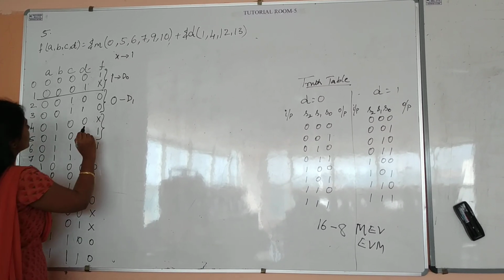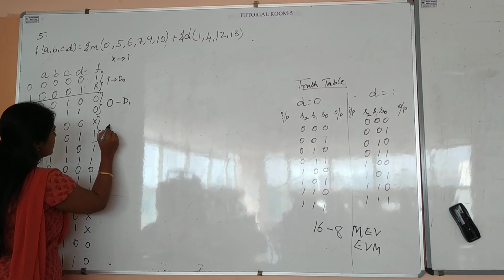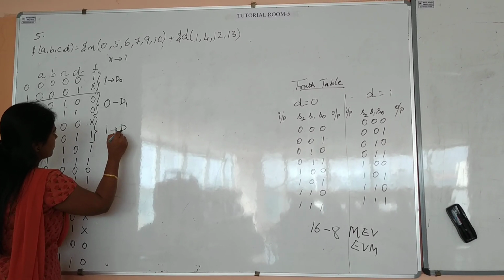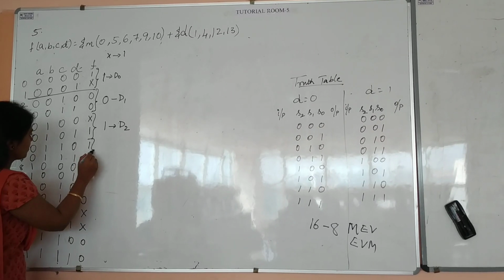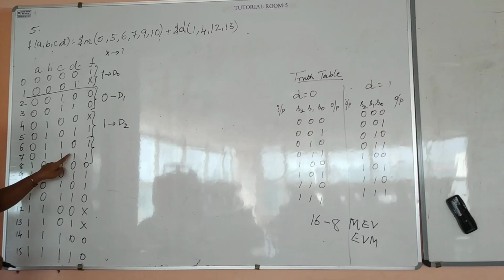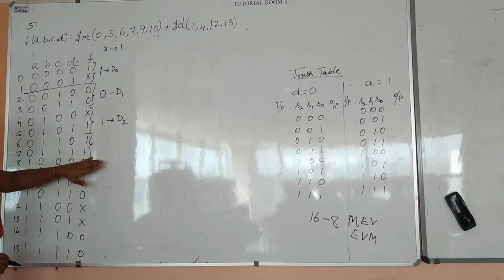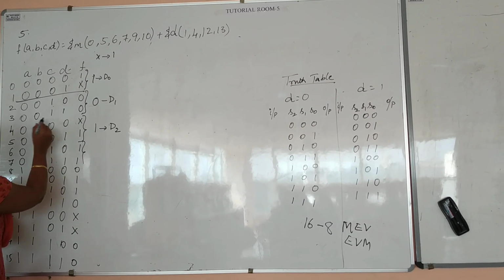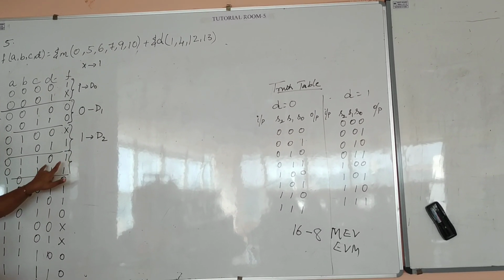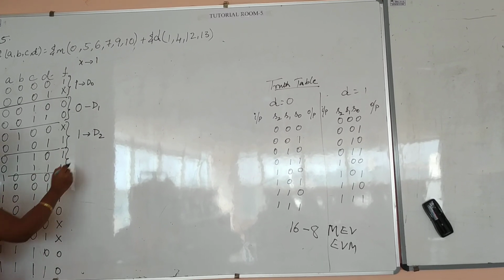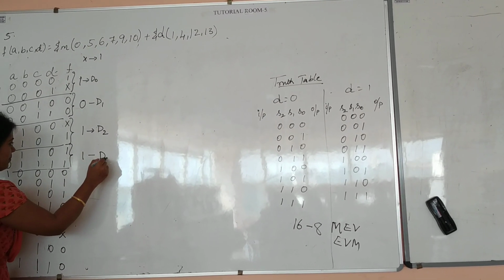So here also you will get 1. This is D2. Next, this is 0, this is 1, this is 1, this is 1. So this will be 1.